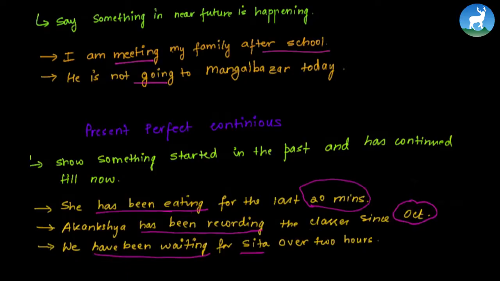We can also use the present perfect continuous tense without stating durations. Notice that we stated the duration, 20 minutes, since October, or over 2 years, but we can avoid that. We can use the present perfect continuous tense without mentioning the time durations by just saying, I am sleepy.